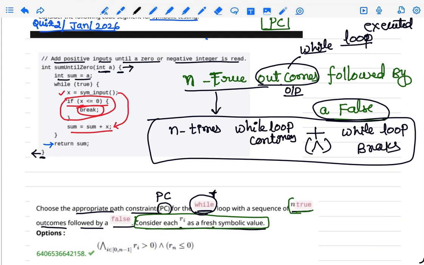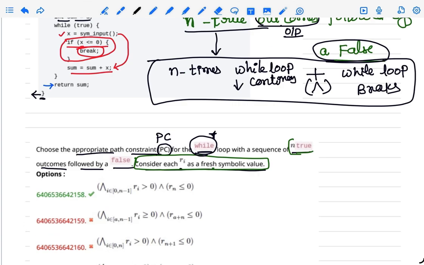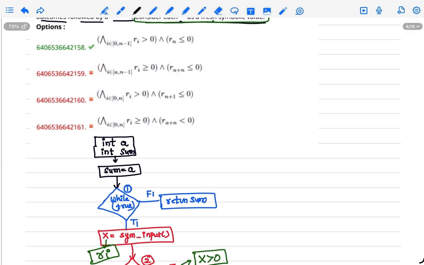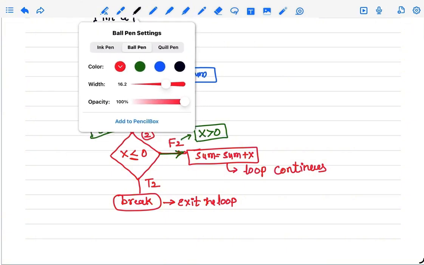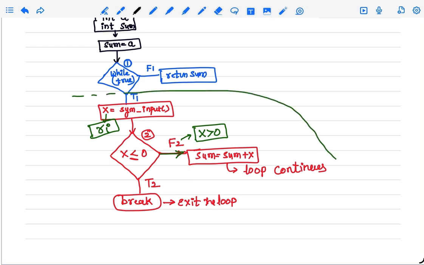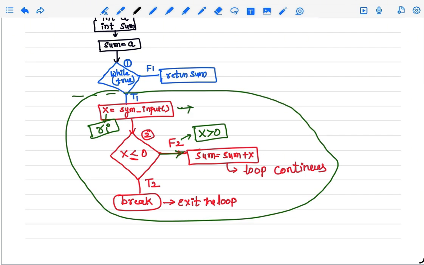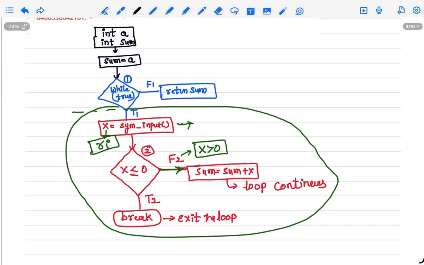So n times the while loop continues, that is executed, and the while loop breaks when the condition is false. From the flowchart, when the while loop is true, we enter into this block. So n times the while loop is executed. In programming, n times means n iterations.